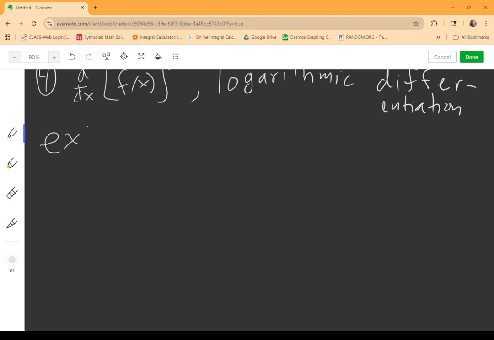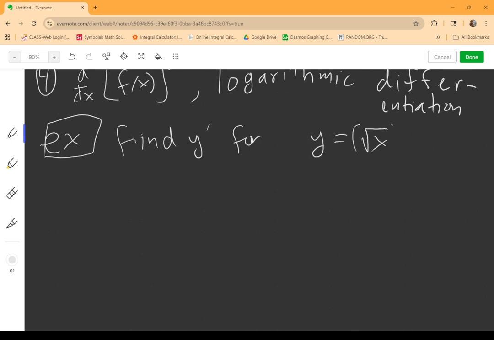So our example here is, let's say I want to find y prime for y equals root x to the x power. Again, this is something completely different than the power rule or even the general exponential. This is a function as the base raised to a function, in this case just x.